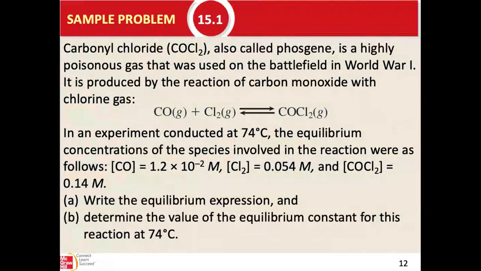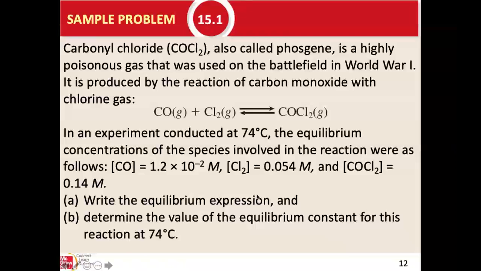So this example is given to you in ALEKS. When you read the textbook, you will see this sample problem 15.1. They're giving you a reaction and the equilibrium concentrations of all of those species, and they're asking you first to write the equilibrium expression, and then determine the equilibrium constant for this reaction at 74 degrees Celsius.